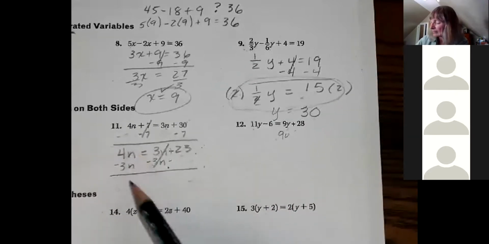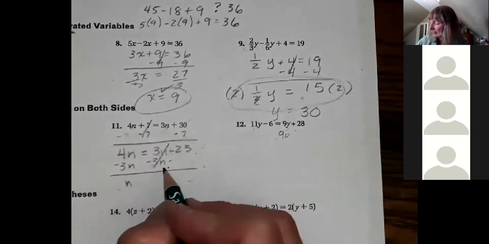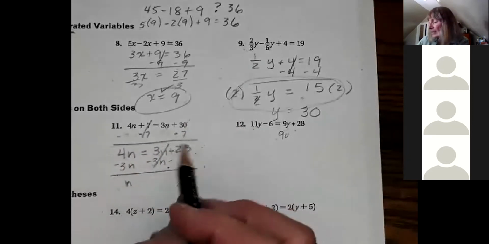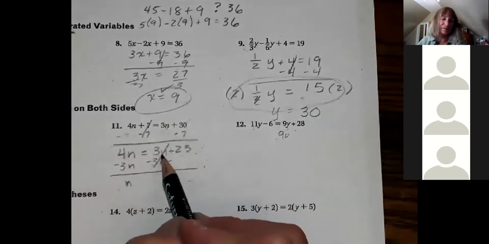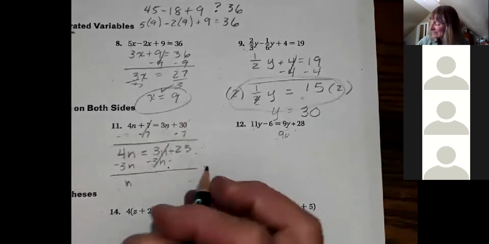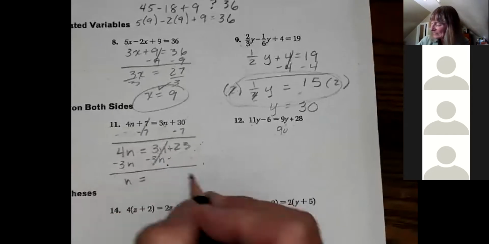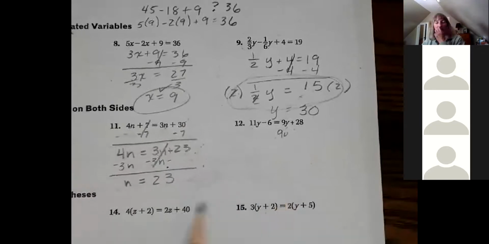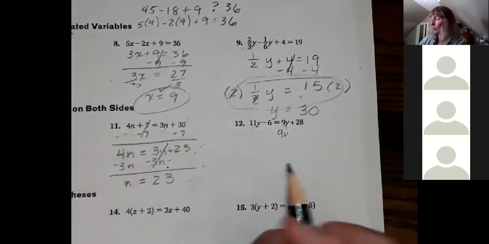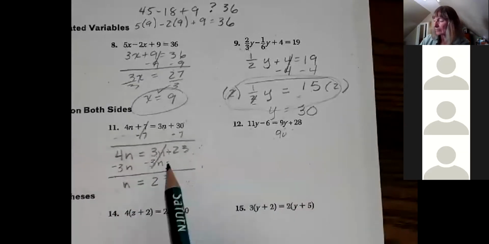Okay, I actually subtracted 3 from the 23. Oh, okay. So you can only take n's away from n's. Okay, so it is 20. Sorry, I got 20 and then divided by 4, I got 5.